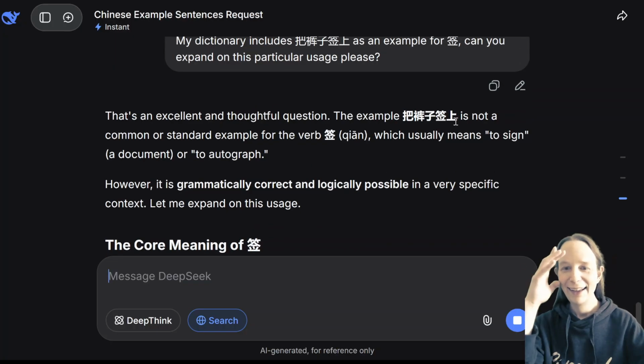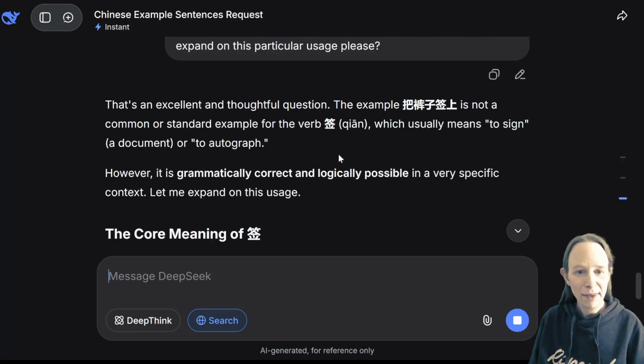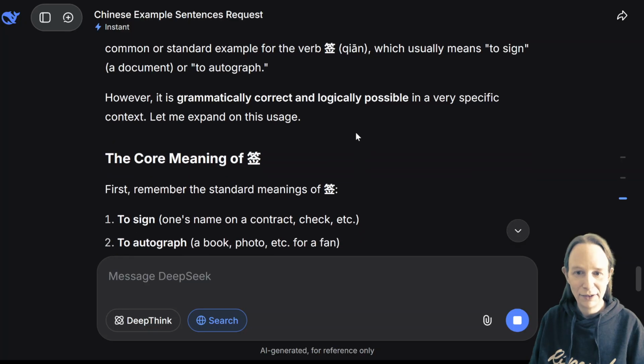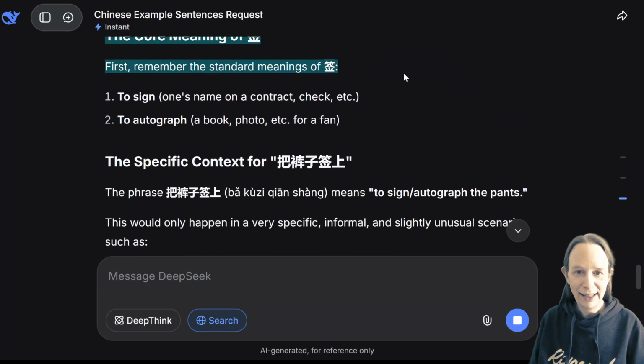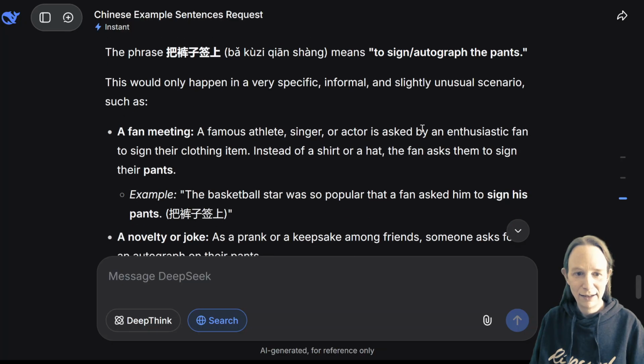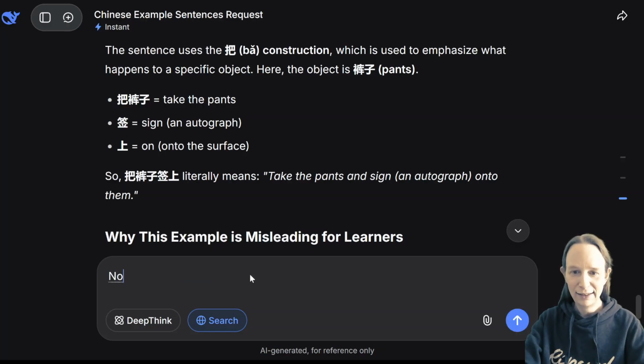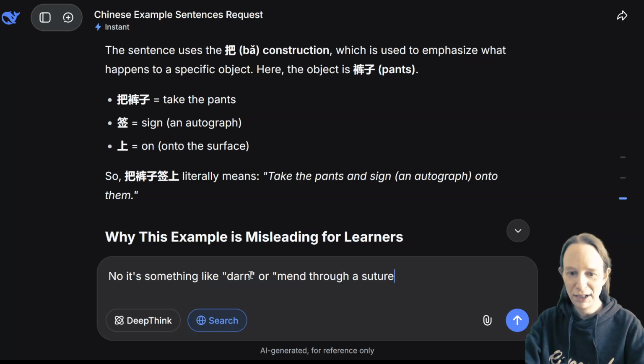So you're not signing the trousers, you're repairing or mending them. So that's the normal meaning. This is an obscure, rare meaning. It's something like a darn or mend through a suture-like action.